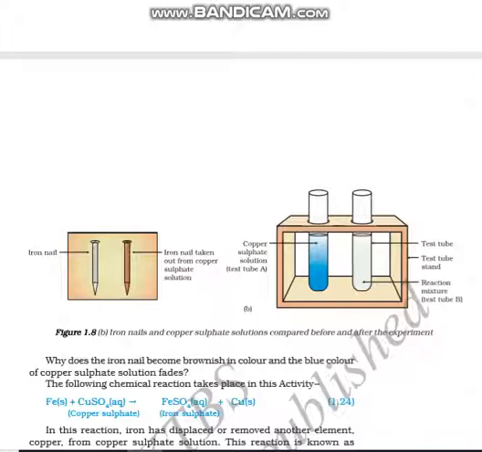Before dipping it was white, and when I dipped the iron nail in the beaker, it got converted to brown. From the copper sulfate solution, the copper atoms get detached from the sulfate solution and bound onto the nail, because of which the color of the nail converted to brown.